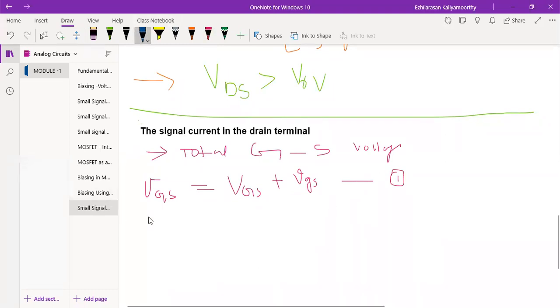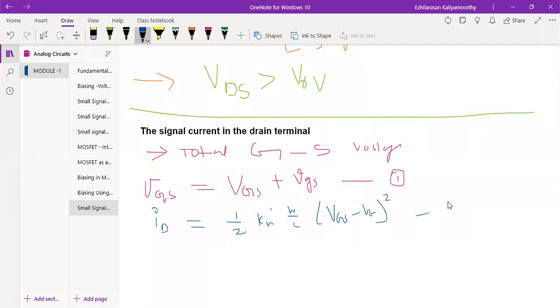Now second is the ID current equation. What is the ID current equation? The ID current equation is 1 by 2 Kn dash W by L into VGS minus VT square, right? Consider this as equation number 2.